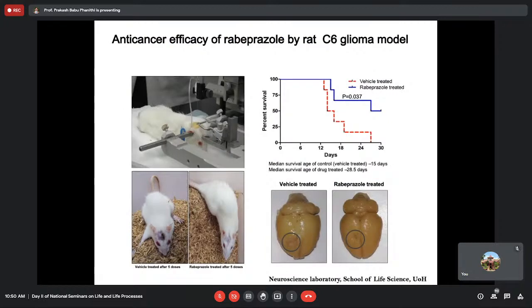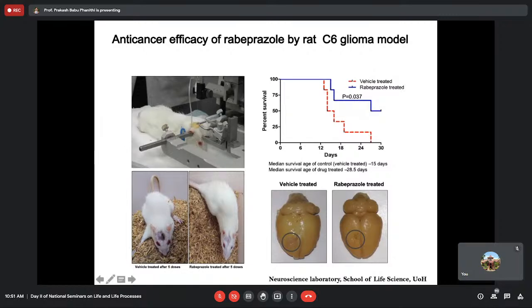Now the anti-cancerous efficacy of rabeprazole in C6 gliomas also. In the rat, as you have seen, we made a burr hole in the brain, injecting the tumor cells into the ventricular region. Once it is injected, after a few days this develops a tumor.